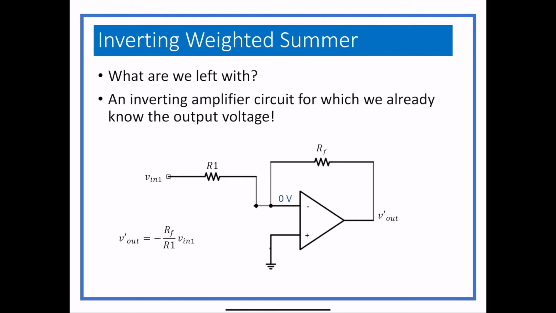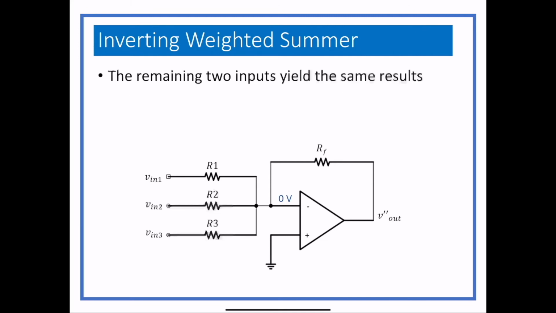The cool thing is the other two voltage sources are going to have the exact same thing happen. If we have two of them shorted, the one that's left is just going to be a regular inverting op-amp circuit. That's why superposition works so well with op-amp circuits, because once you've done one, it's going to look exactly the same coming in the other two.